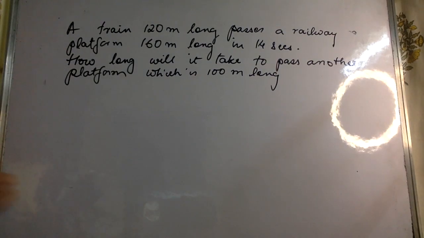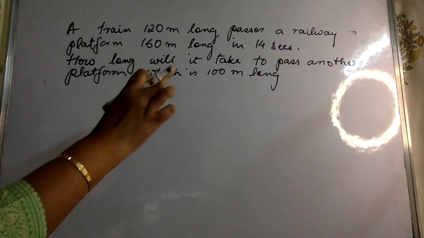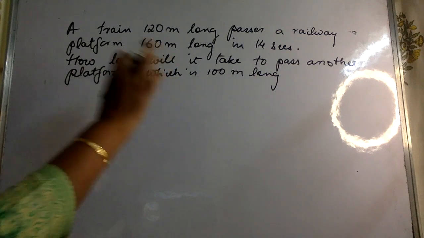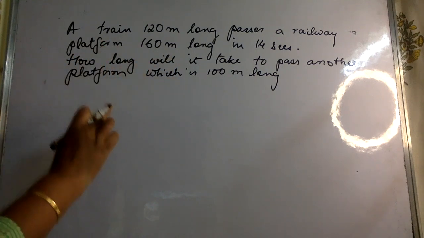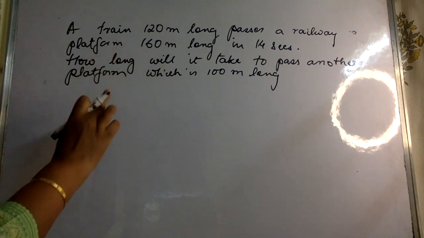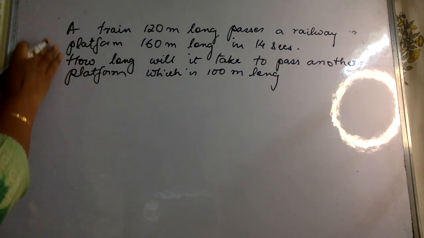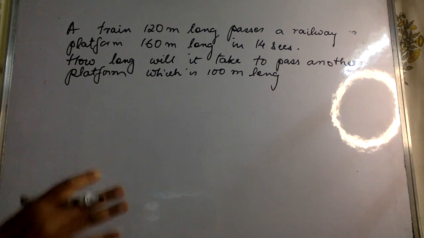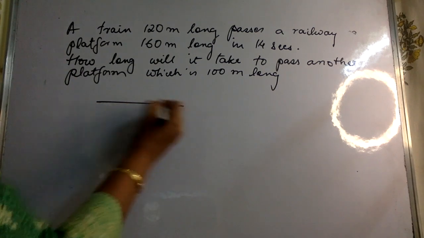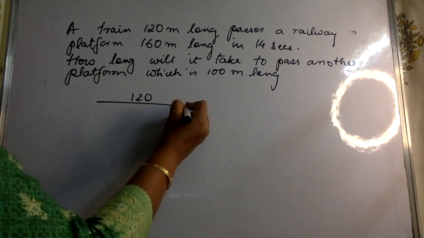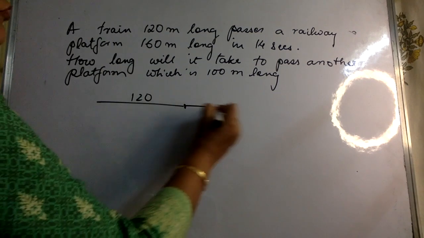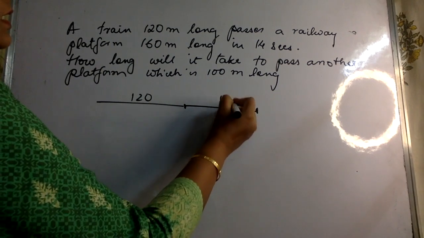So this is it. A train 120 meters long passes a railway platform 160 meters long in 14 seconds. How long will it take to pass another platform which is 100 meters long? First we'll concentrate only on the first part of the question. Here is the train, which is 120 meters long, and here starts the platform, which is 160 meters long.